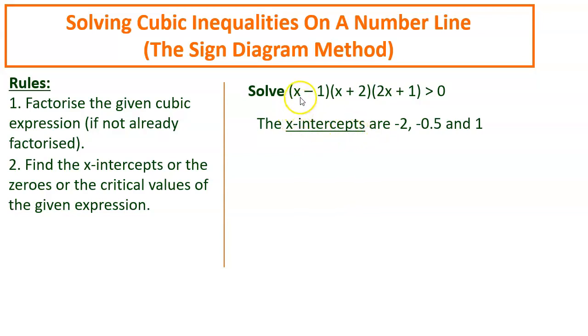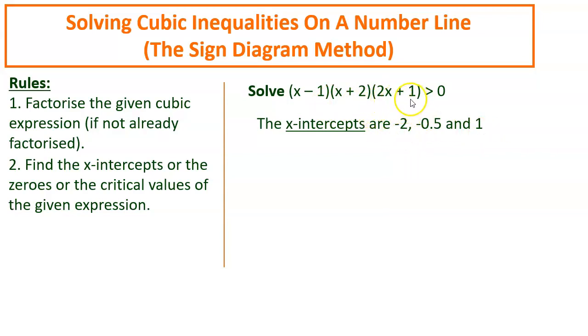From the first factor we get the x-intercept equal to 1. When x equals 1, this part is equal to 0. So we get one of the x-intercepts as 1. From x plus 2, we get x equal to minus 2 as the second x-intercept.